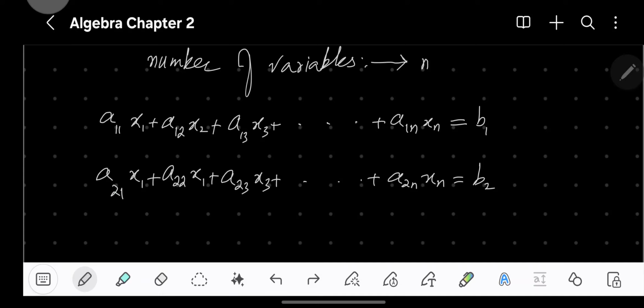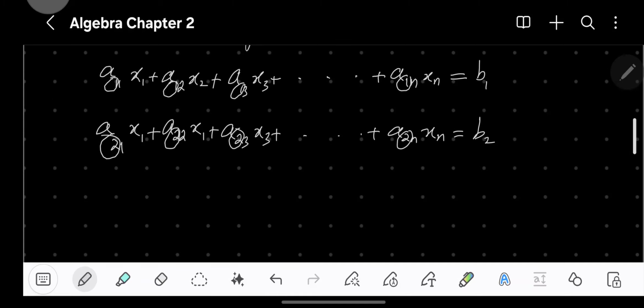Similarly, in the second equation the first index is 2, 2, 2, 2. Except for this there is no change in both equations. So only the first index has been changed to make the new equation.